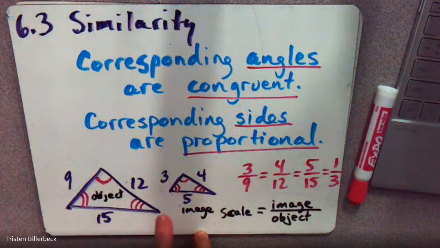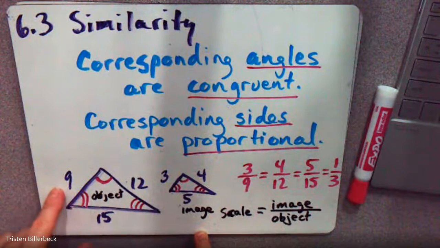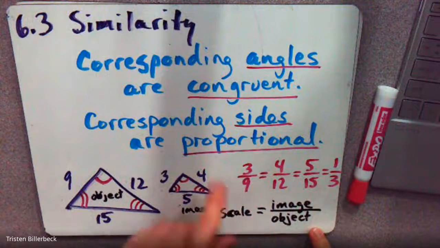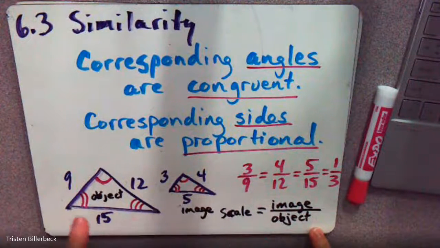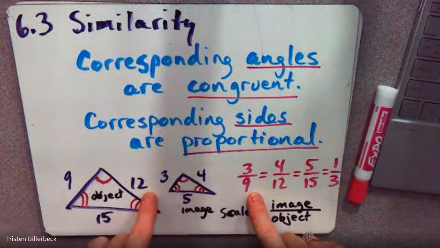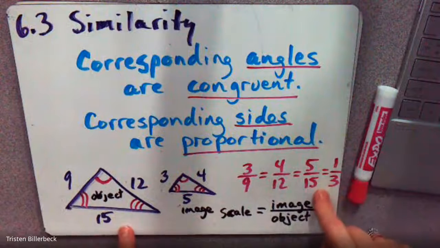All right, then we look at these sides. So this side would correspond to that side. So we're going to put the image over the object. So the image is 3 to the 9 and 4 to the 12. So we set up ratios, 5 to the 15.